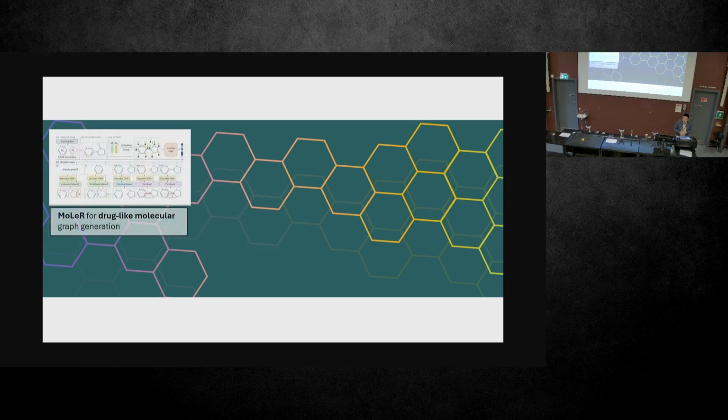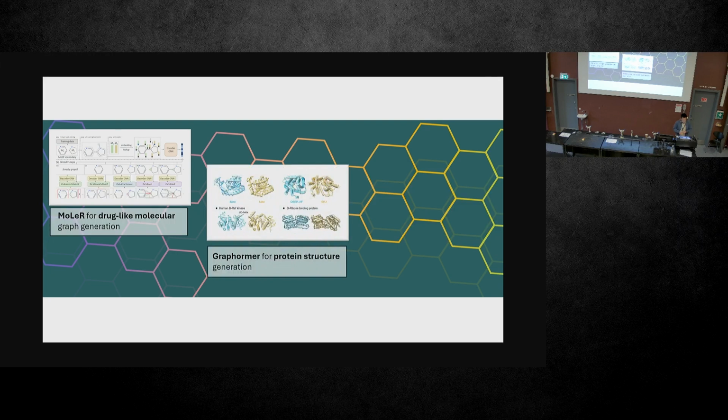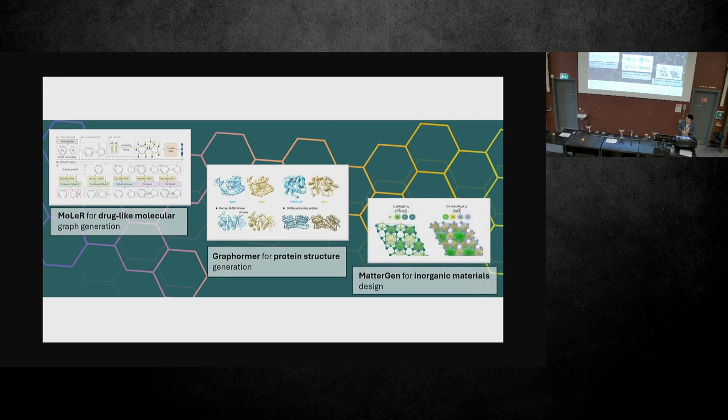For instance, we can use generative models to generate small drug-like molecules, the molecular graphs, so that we can use that for drug design. We can also use diffusion-based models for protein structure simulation to understand the folding behavior of proteins. We can also use these models for generating inorganic materials and to assist in their design. And we can think about a different kind of axis.